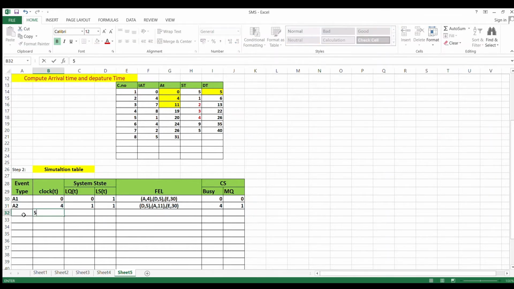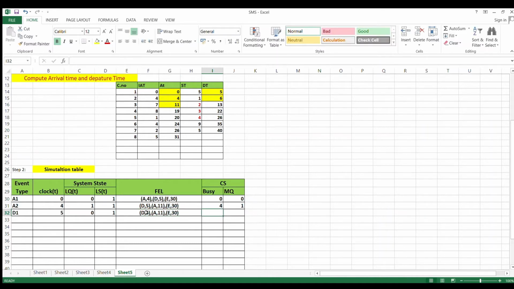Now out of these, the minimum is 5. Event type is departure, D1. So A1 went out of the system, with no customer in the queue. So A2 will move to service. We remove the departure, which means add the next departure: D6, A11, E30.